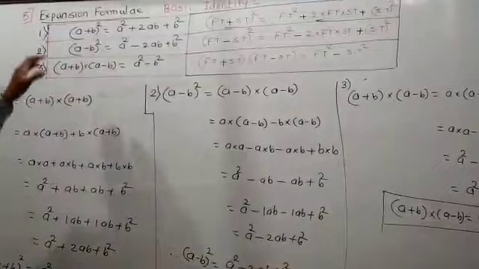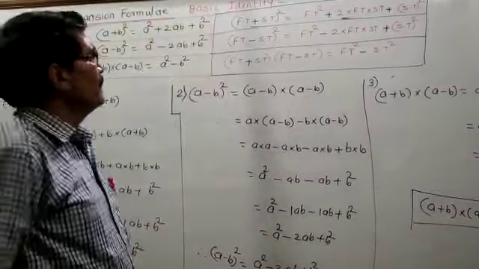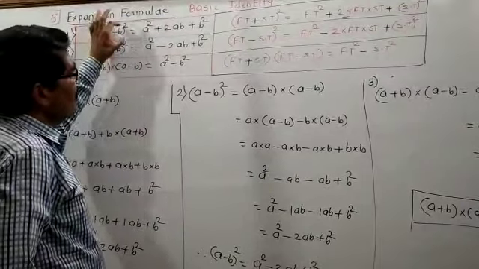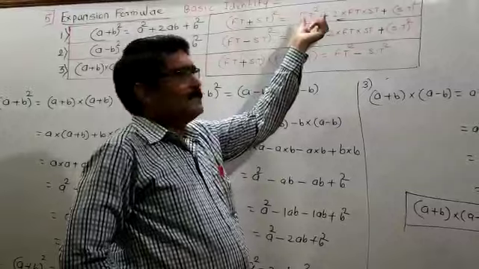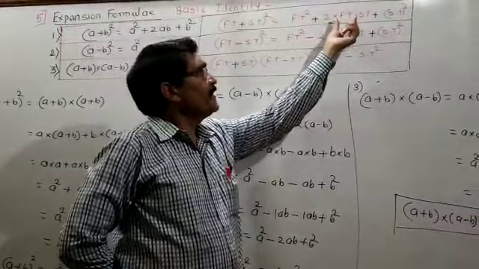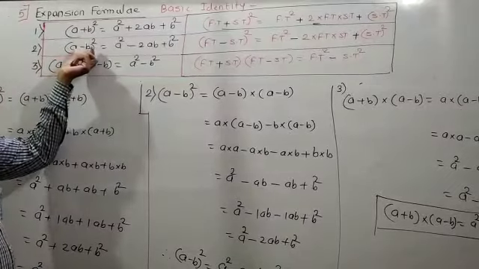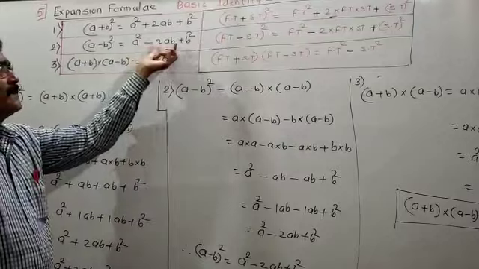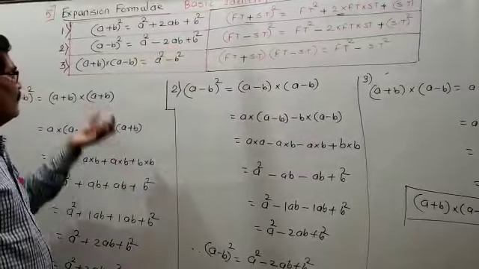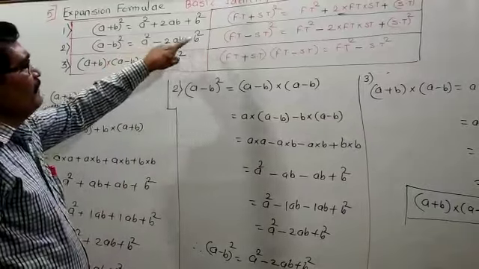So again I will explain. (a plus b) bracket square is equal to a square plus 2ab plus b square. This is the first term and this is the second term. So (first term plus second term) bracket square is equal to first term square plus 2 into first term into second term plus second term square. Then (first term minus second term) bracket square is equal to first term square minus 2 into first term into second term plus second term square, or (a minus b) bracket square is equal to a square minus 2ab plus b square.